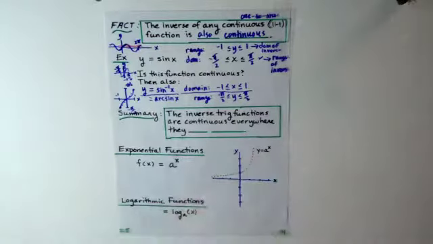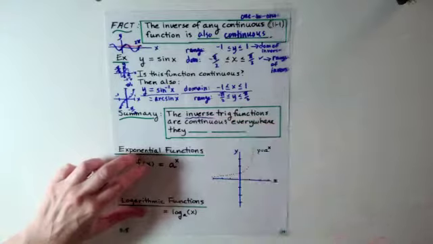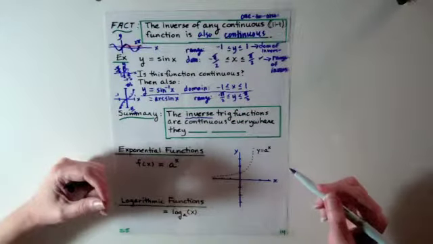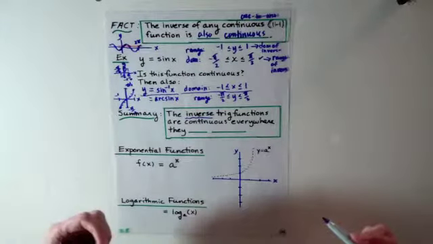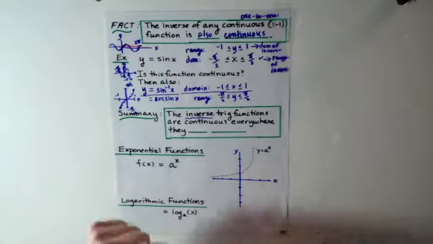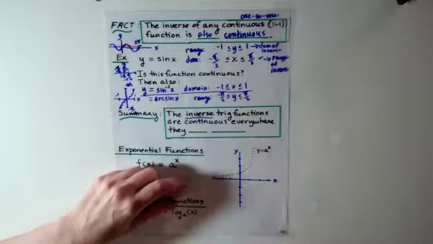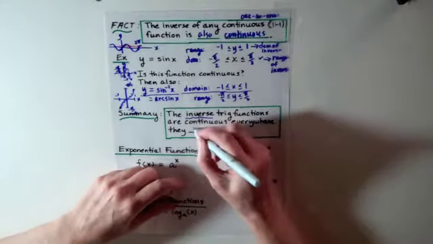Well, what can we say in summary then about not the trig functions, but about the inverse trig functions? Because all of the trig functions are continuous everywhere in their domains, it means that the inverse trig functions, along with the restrictions needed to make them one-to-one, are also continuous everywhere on their domains, or everywhere that they are defined.